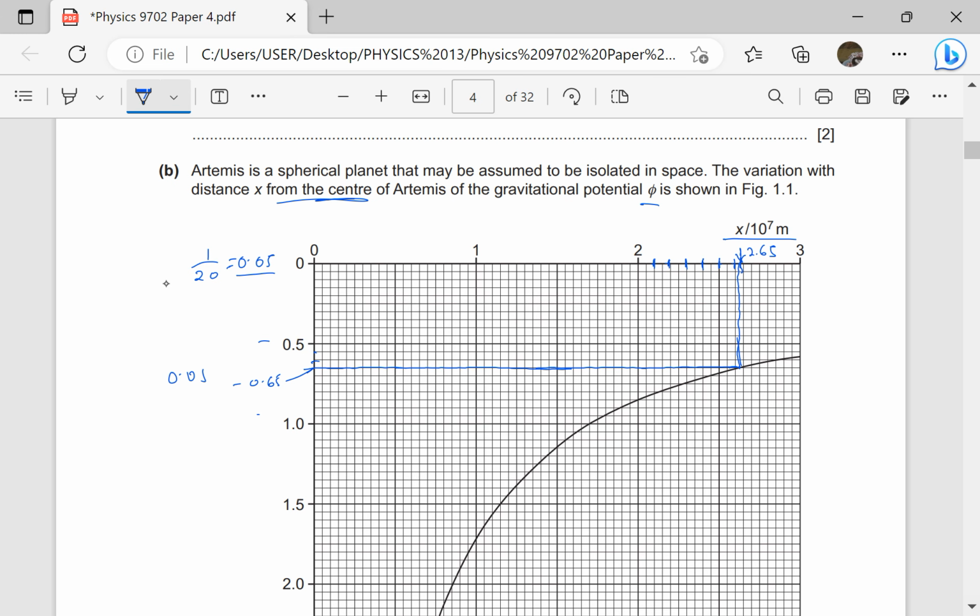No, 2.63, because half a small square is going to be, can I take 2.3? Let me first erase this line very well so that I can see.